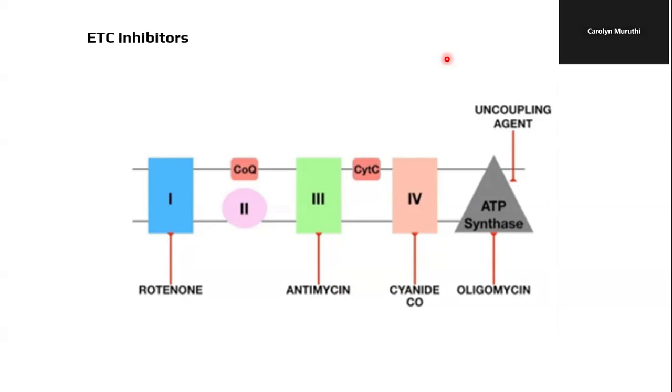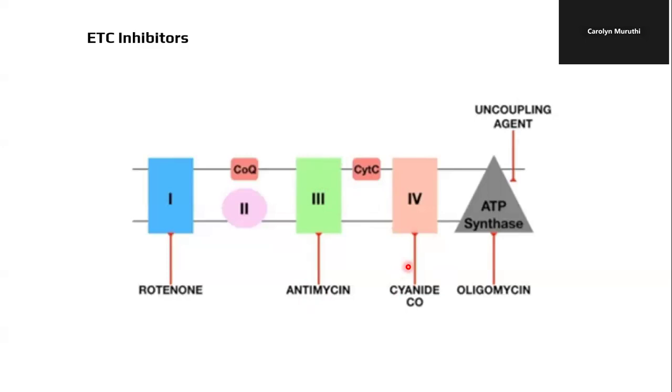This may affect ATP synthase. We have antimycin, which is a naturally occurring compound. It blocks transfer of electrons from coenzyme Q to cytochrome C via complex 3. And this will halt proton pumping at complex 3, and ATP production will cease.